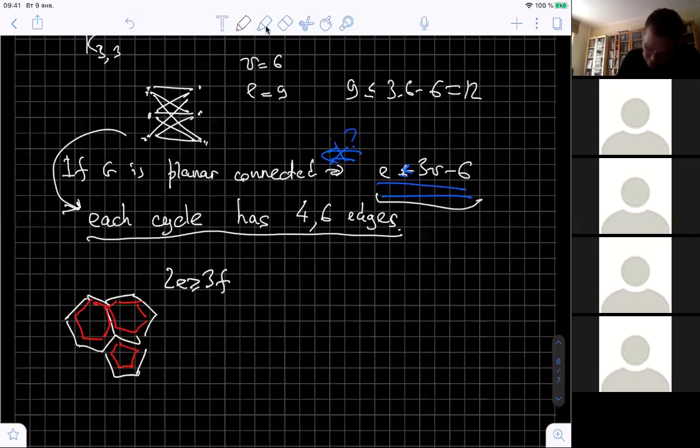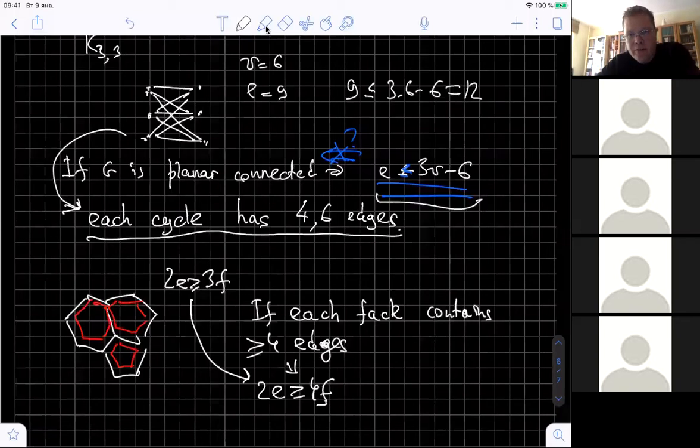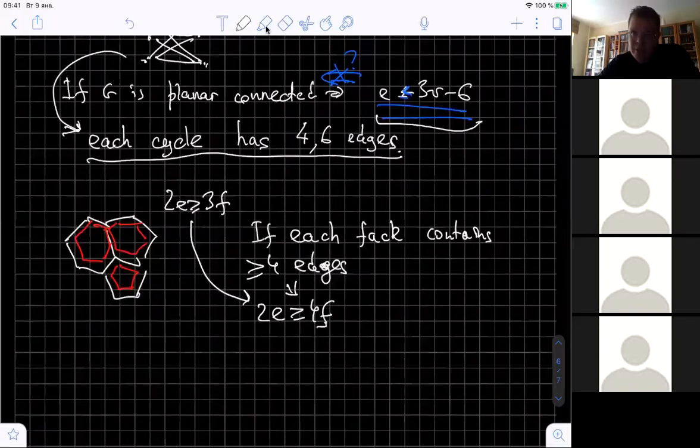So if each face contains more than 4 edges, then I can write this inequality as 2e equal or greater than 4f. It is not less than 4f, because I can use the same idea.